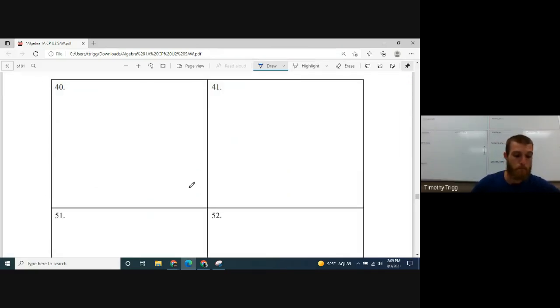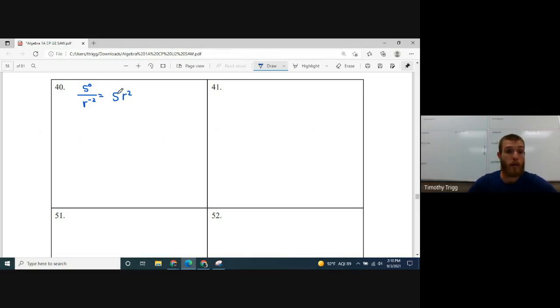Number 40. Number 40 says s to the power of 0 over r to the power of negative 2. So again, here we have a negative exponent, but it's in the denominator, so that means it needs to come up. So this will become s to the power of 0 and then r squared. Well, as we covered before, anything to the power of 0 is 1.